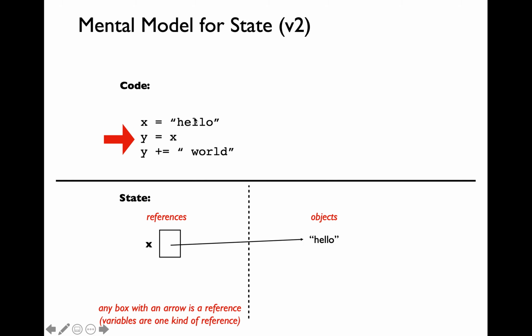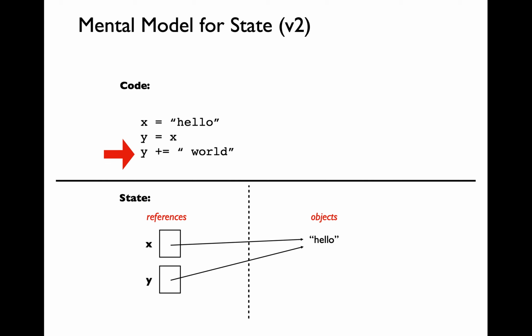So the correct way for visualizing this would be to draw an arrow from the x variable box to the string object instance in the heap memory, which is storing the value hello. Line number 2 says y equal to x. When we execute this line, we'll only be creating a copy of the reference to the existing object instance. So the y variable box is now going to have an arrow to the existing object instance string hello.